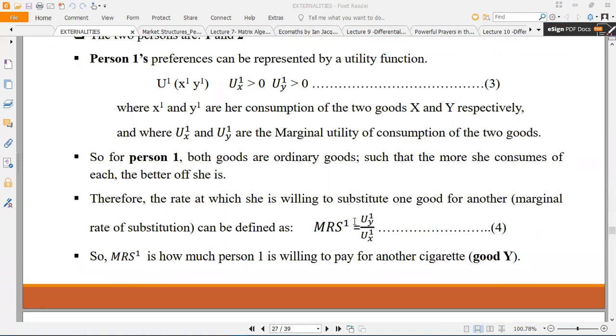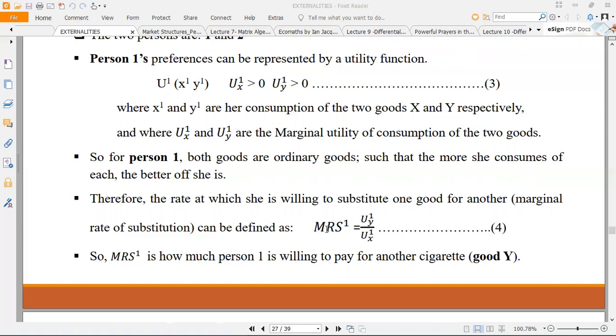Now, the individual's marginal rate of substitution for one good in terms of the other. I'm sure you remember marginal rate of substitution. If you want to find the marginal rate of substitution for individual 1, then it's the marginal utility of good Y divided by the marginal utility of good X. This is talking about the rate at which this individual is willing to sacrifice one good for the other.